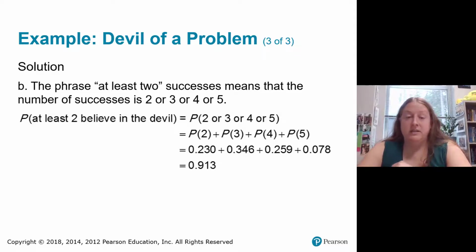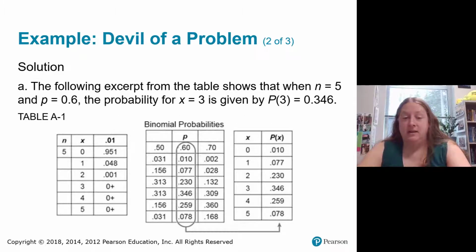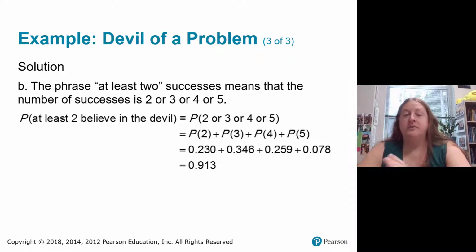We go to the table and add together those last 4 rows to get a probability of 0.913. So again, that's the probability that at least 2 adults of our 5 randomly selected ones believe in the devil.